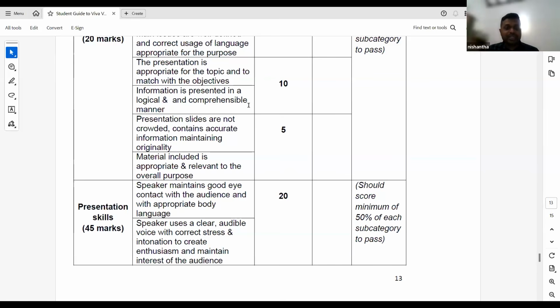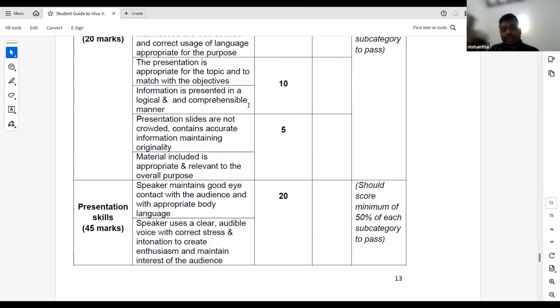Likewise, you have to present, then you can clearly score because don't be afraid, don't show nervousness, and you have to be very confident and you have to maintain proper eye contact with them and you will use language properly and there should be a flow of the presentation.